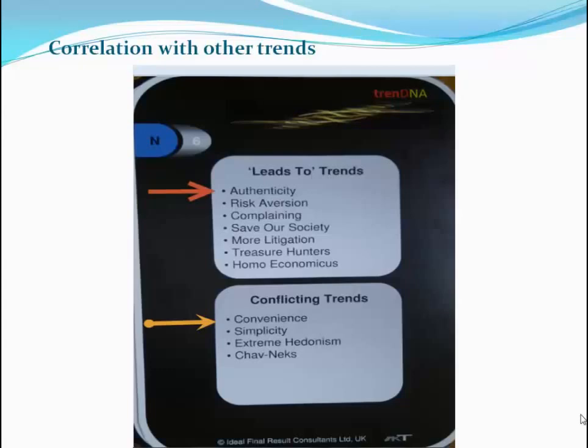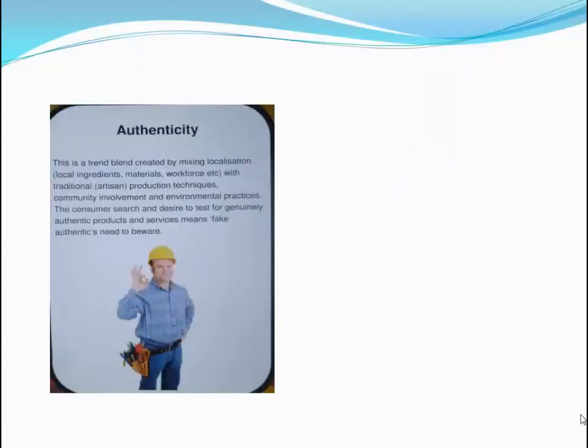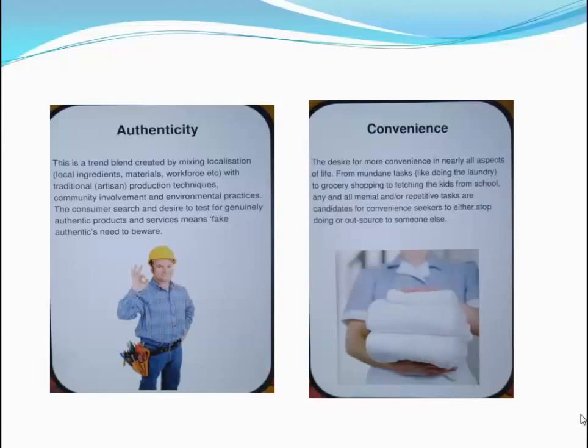In the case of vigilante consumerism, the trend gets additional flavor through the trend of authenticity. However, while providing for the trends of the vigilante consumer with the added flavor of authenticity in your product, you also have to ensure that your measures do not annoy those who seek convenience.